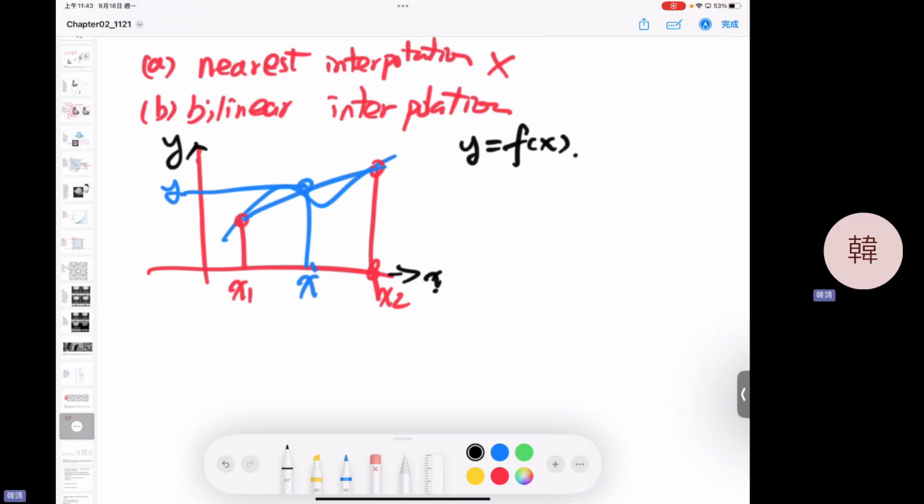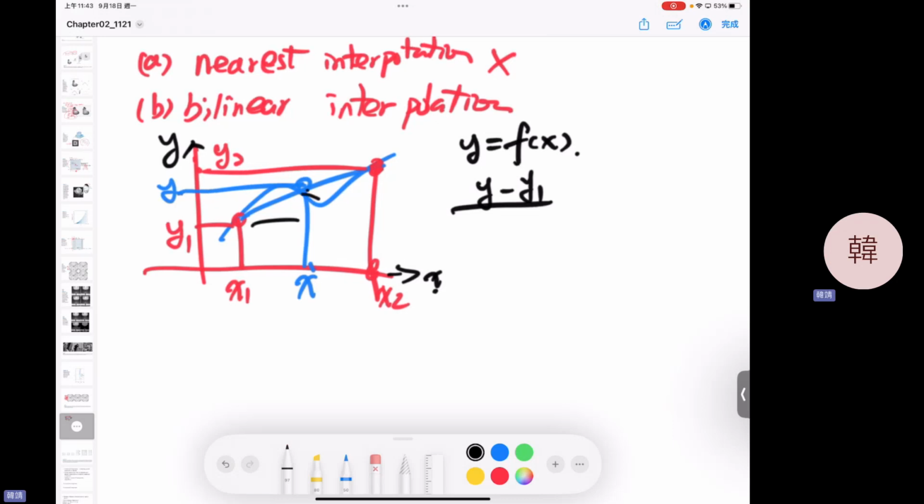If y minus y1, this is y1, this is y2 for this point: x2, y2, x1, y1, f1, f2. Try to find the f of x for the y. So we have y minus y1 compared to x minus x1. This one compared to this one is actually equal to what? y2 minus y divided by x2 minus x.